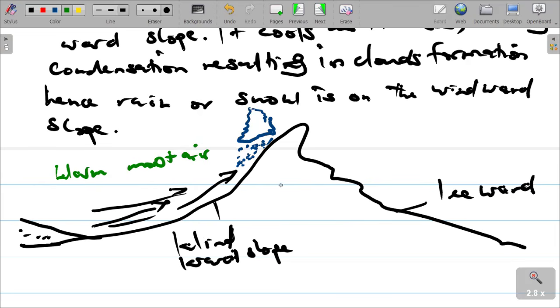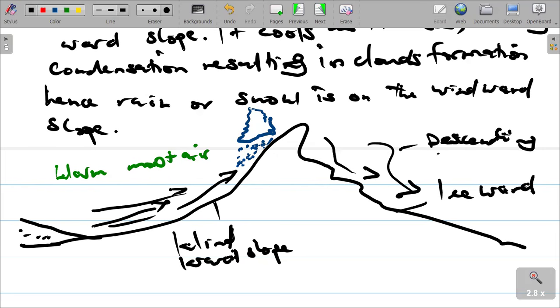But now the air that we see on the other side of the slope, on the leeward side, is descending air masses. This is descending air.